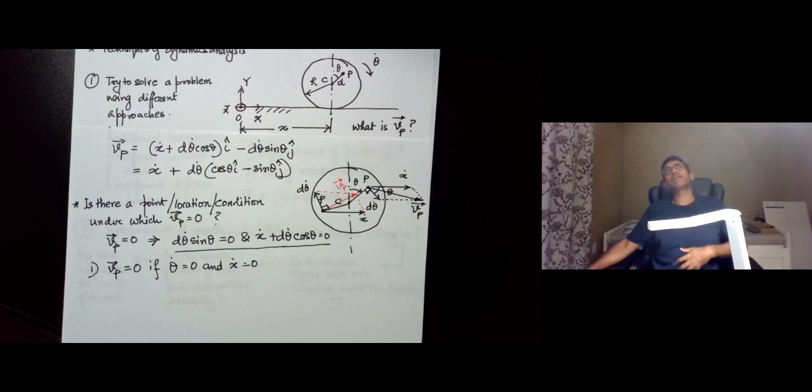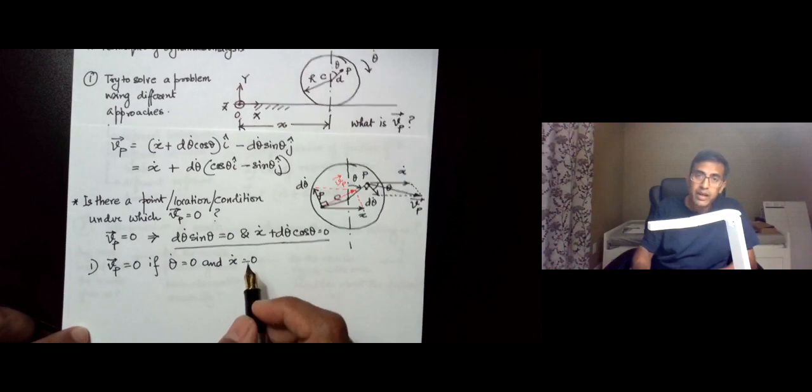So essentially we are considering a fixed disk, and so the velocity of the point P is of course going to be equal to 0, right? So this is kind of a trivial condition.